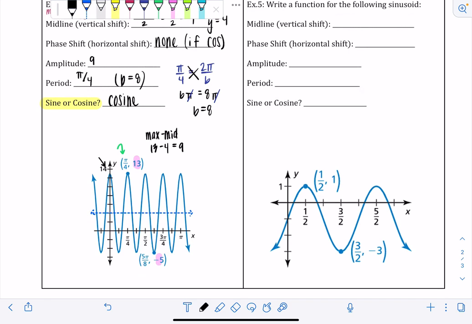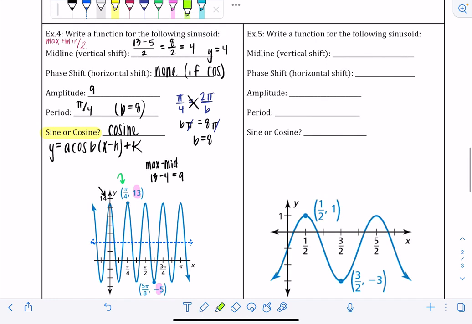Okay, so our formula for taking all those different transformations and putting them in would be y equals a cosine b of x minus h, plus k. We have all the information now. So we have b, we picked cosine, we have the amplitude, that's a, and then we have the midline up here, that's k.